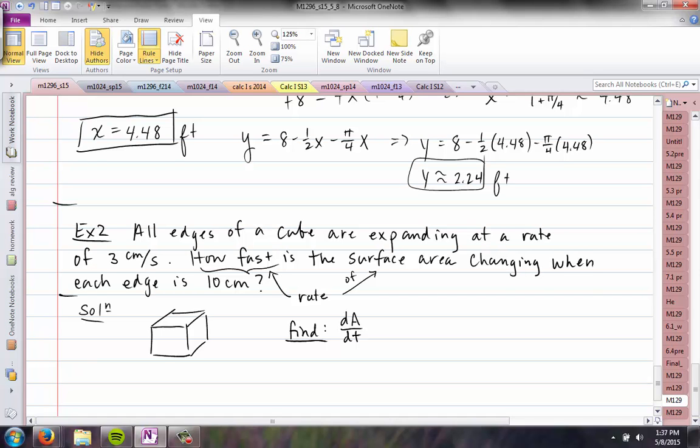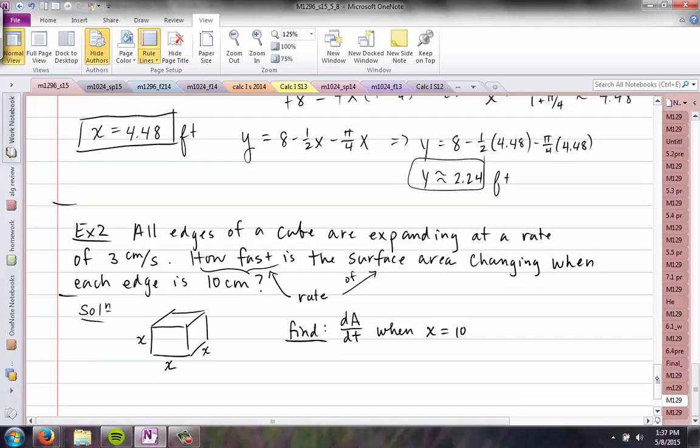I'm just going to call it A instead of SA so that it doesn't look like two variables. So I'm going to find dA over dt when, and then instead of being given a time, we're given when the dimension is something. So each edge, which I'll define as x here quickly, is 10, and since it's a cube, every single dimension is x.